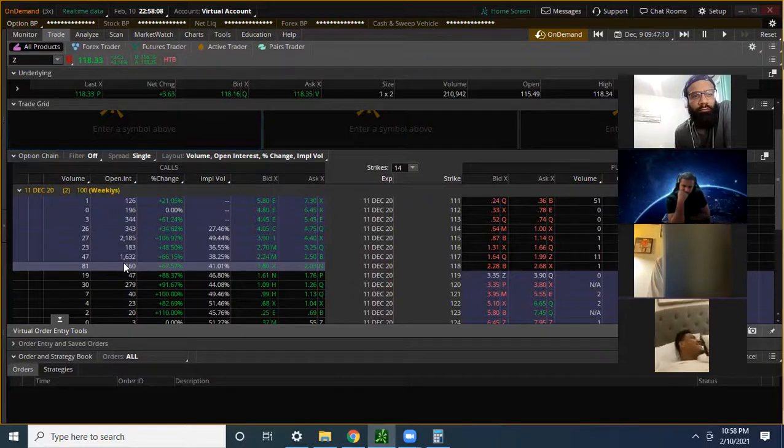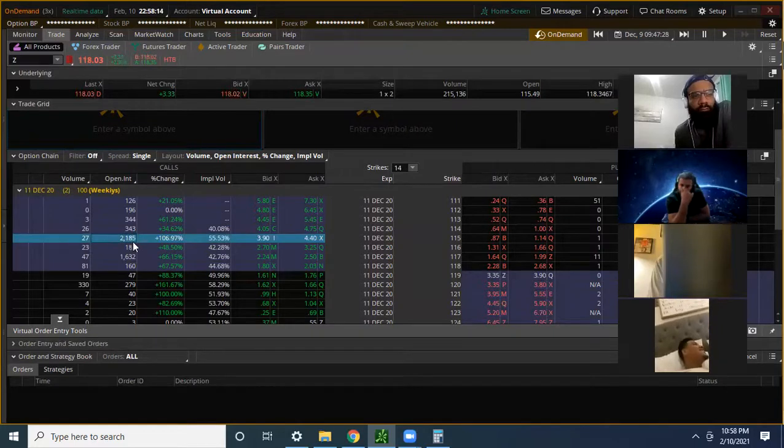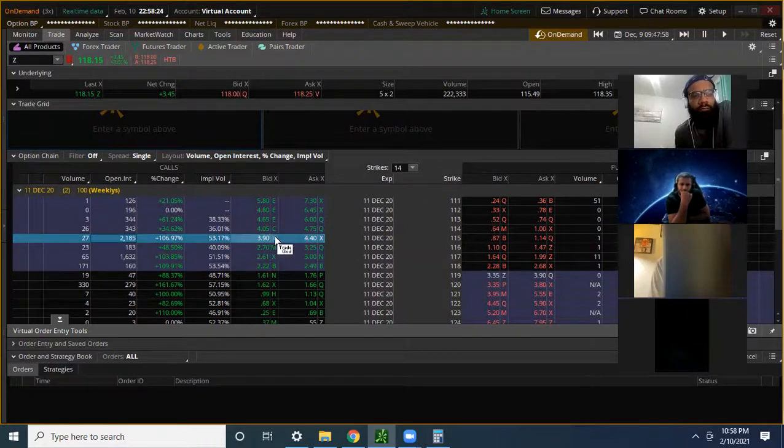What you want to see is open interest above 2,000. That means there's a lot of people with that option open. You generally want to see high open interest and a small spread. A spread is the difference between the bid and the ask.